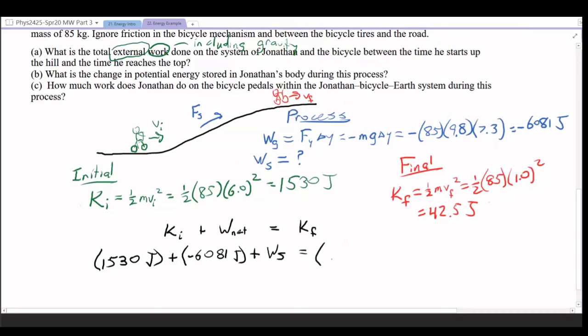And then we have the final energy, Kf, is 42.5 joules. So I'm just going to take my 42.5, subtract my 1530, and add my 6081, and I get 4603. So my work internal is 4603 joules.